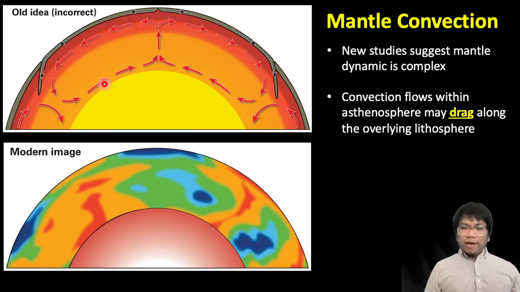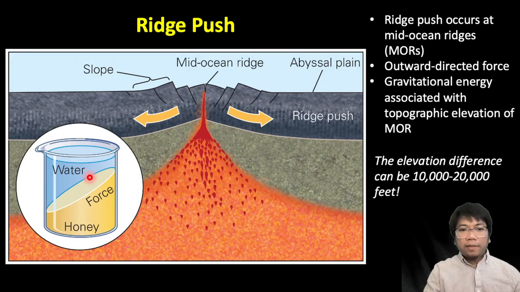Anyway, convection flows within the asthenosphere may drag along the overlying lithosphere. So even though we do have some colder regions in the mantle, these cells right here could still produce mantle convection, and that flow of the asthenosphere and the rest of the mantle underneath the lithosphere could possibly drag the overlying lithosphere with it. So that's the first driving force, mantle convection.